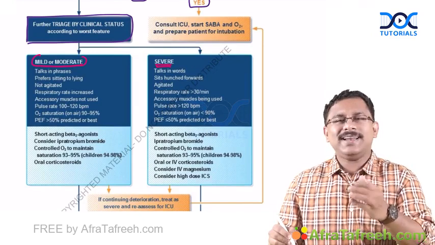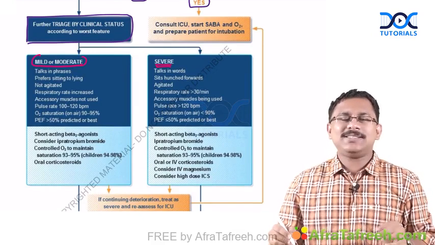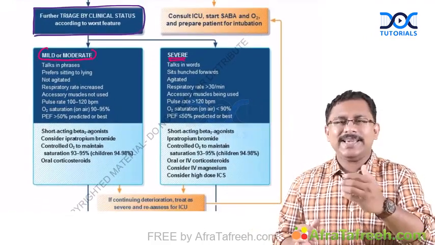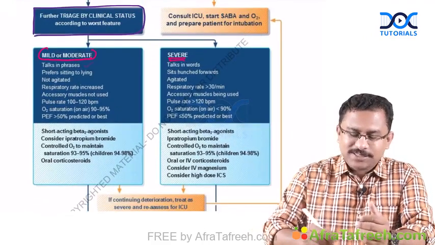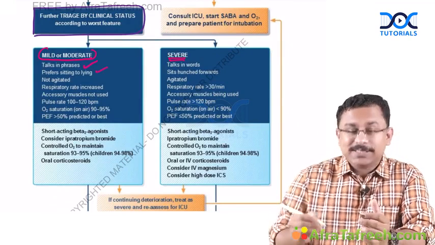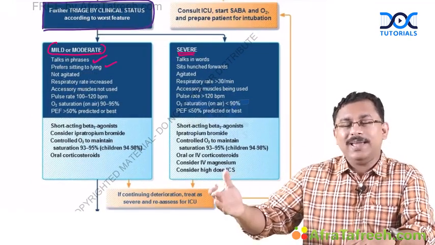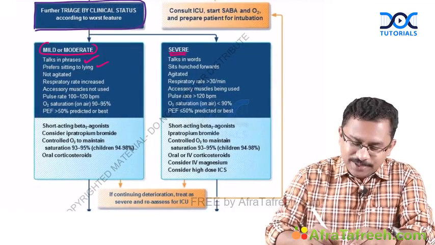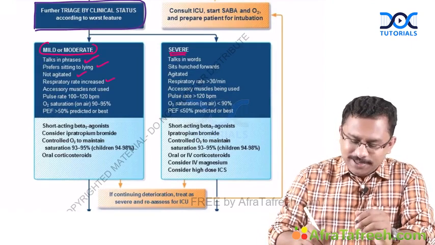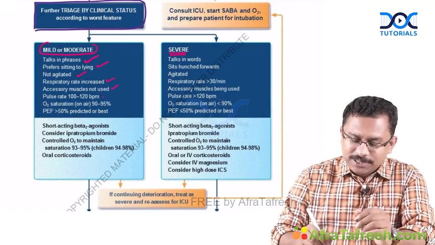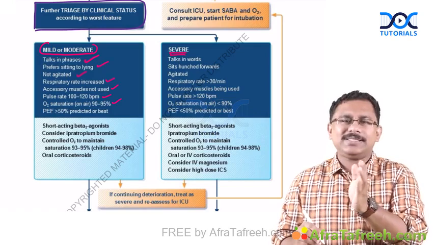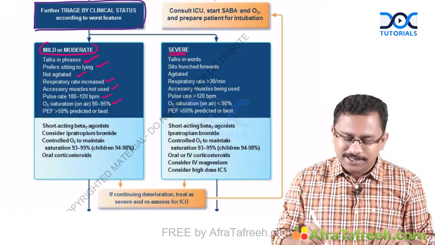So when do you say that a patient is having mild to moderate symptoms and when do you say he is having severe symptoms? The guideline says that if the patient talks in phrases, he prefers sitting over lying position, he is not very much agitated, he is having tachypnea, the accessory muscles are not being used, there is some sort of tachycardia and he is able to maintain the oxygen saturation in the 90 to 95% range.